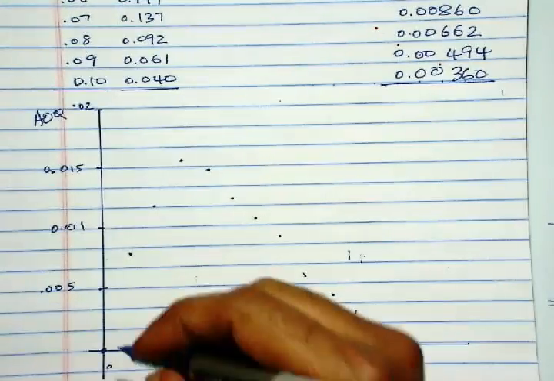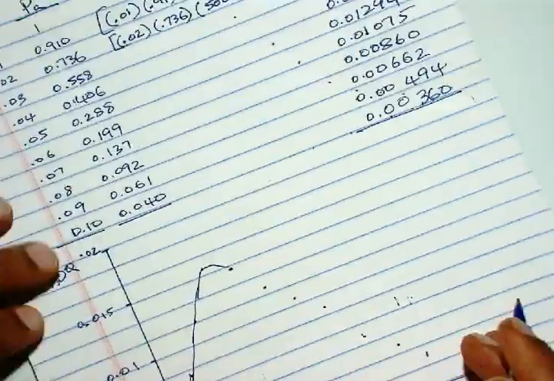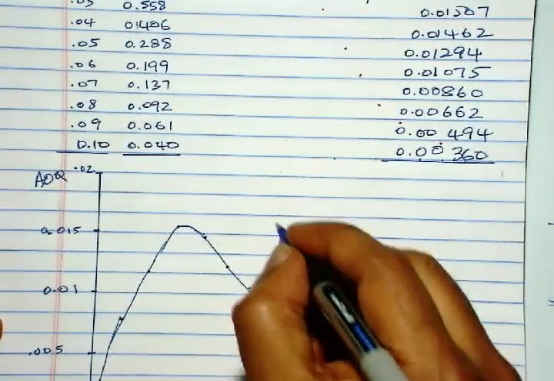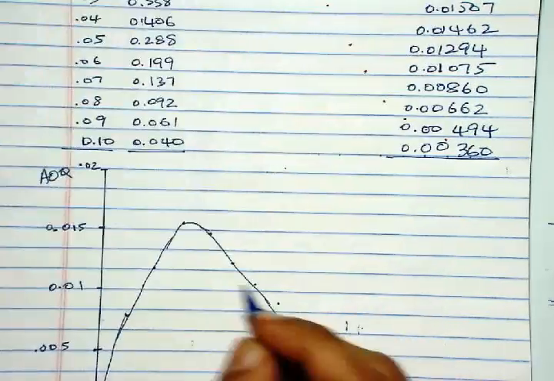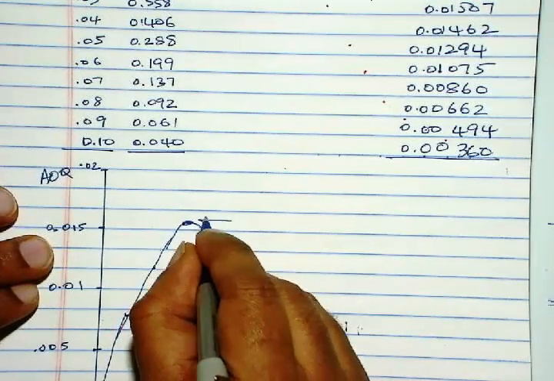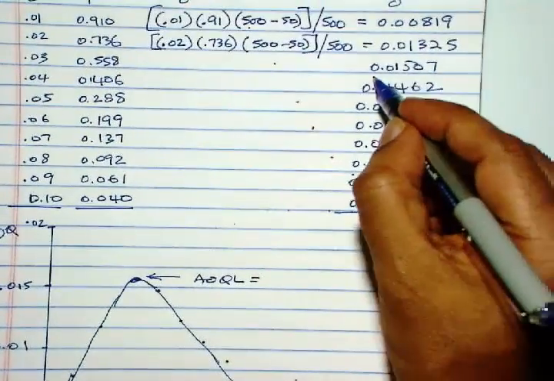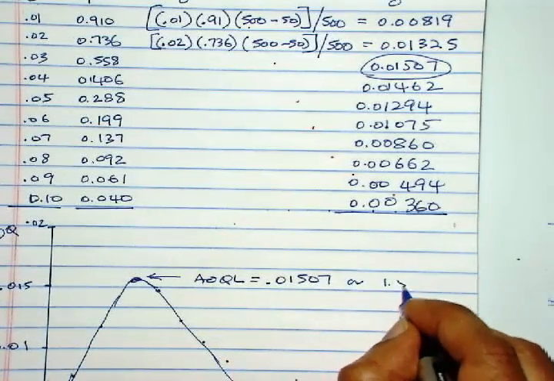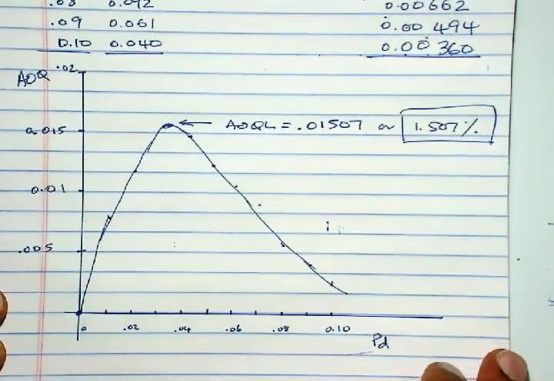If you connect the points by freehand, it comes down like that. Of course when you do it in Excel, it comes out like this, and the peak being the AOQL. That's the maximum value, so we can use 0.01507, or 1.507%, as the average outgoing quality limit.